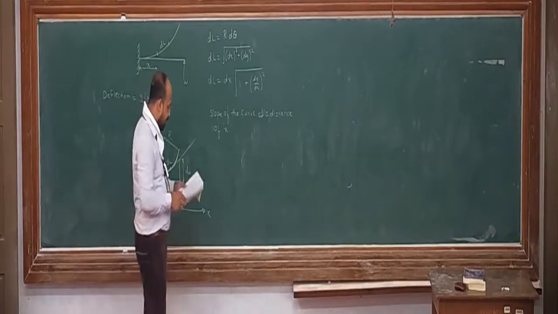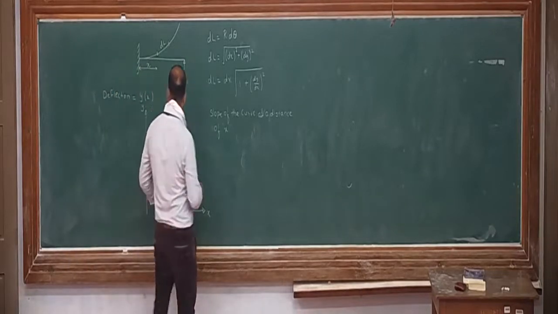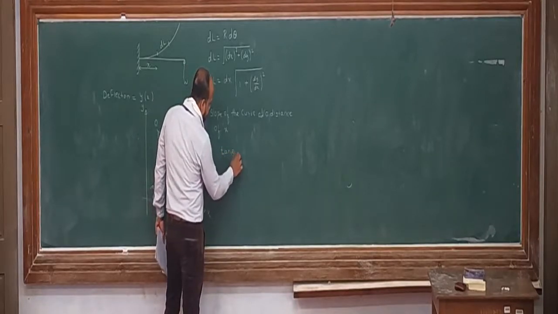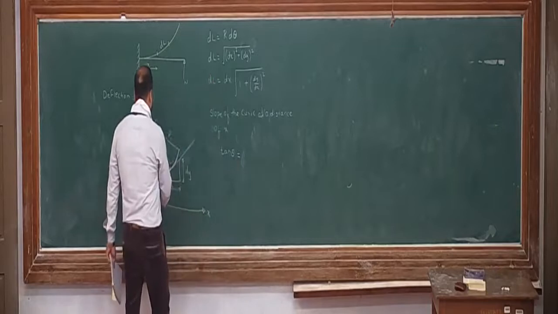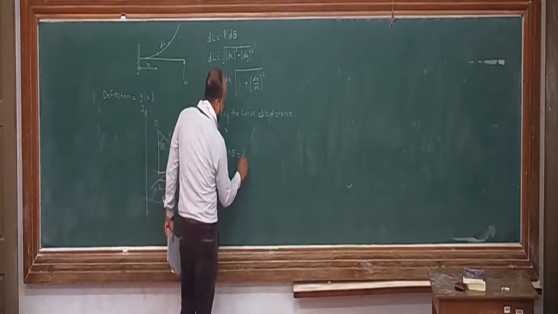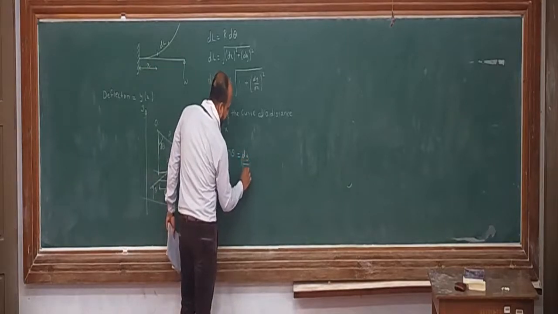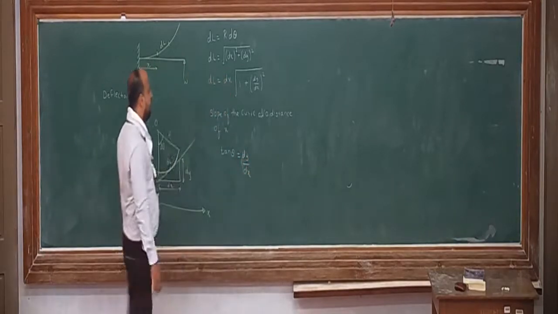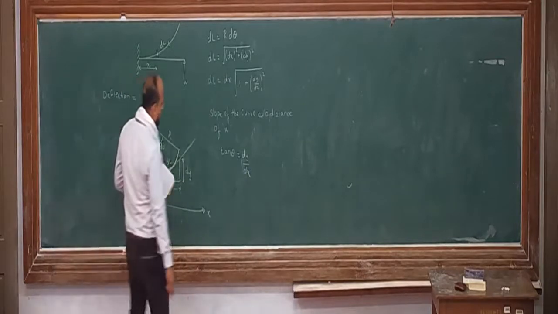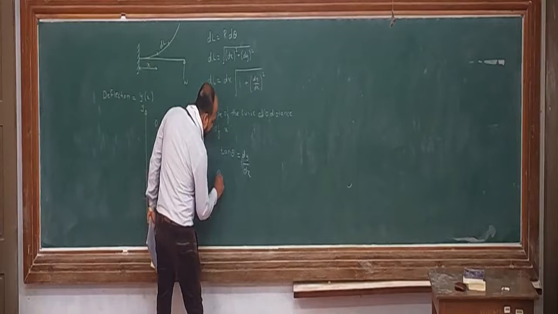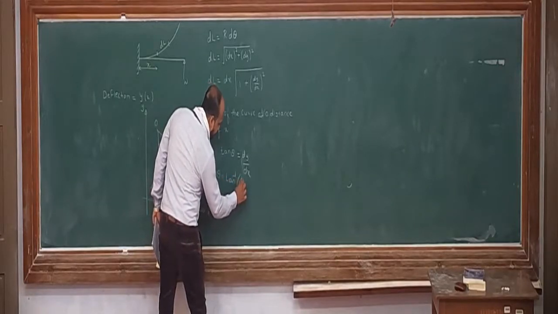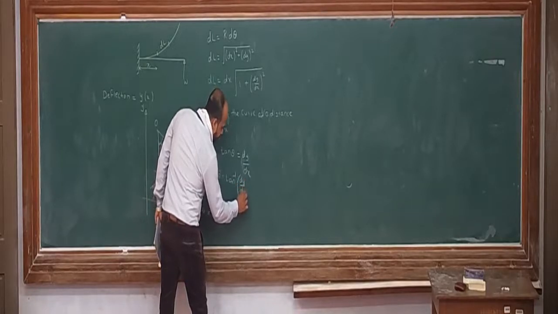So what is slope? Slope is nothing but the theta. So tan theta is equal to dy by dx, where this is theta. And what I want is the slope, which is nothing but theta. Therefore, theta is equal to tan inverse of dy by dx.